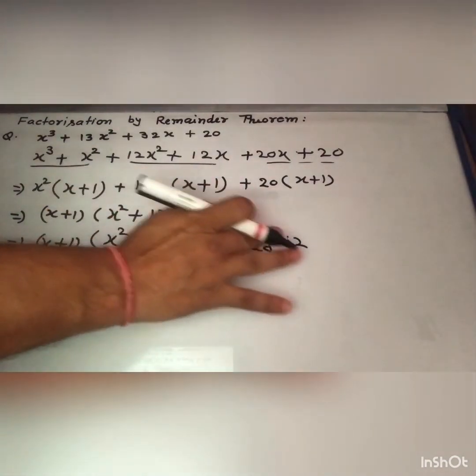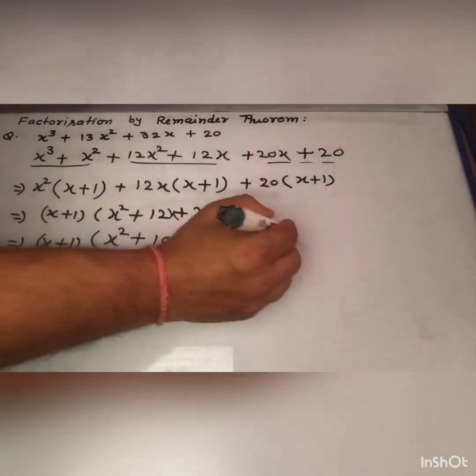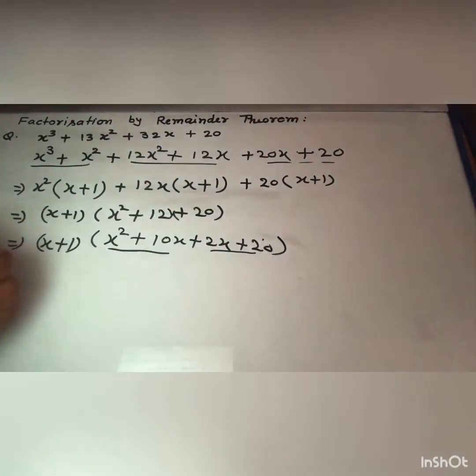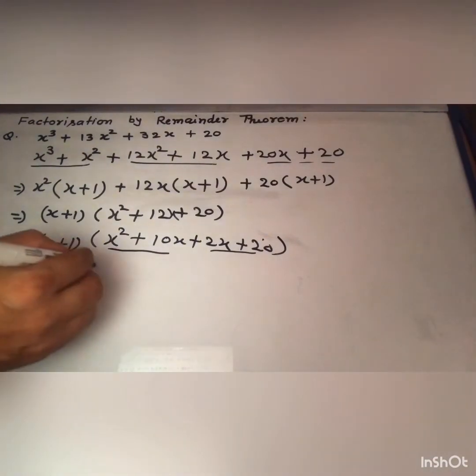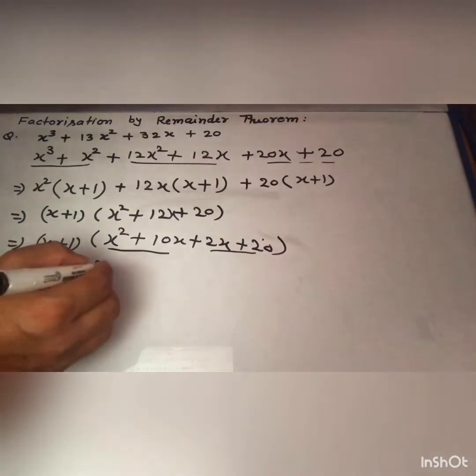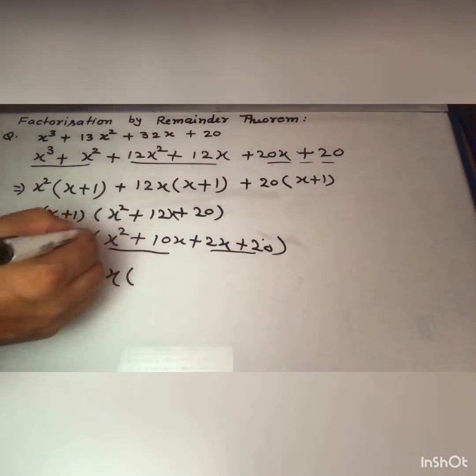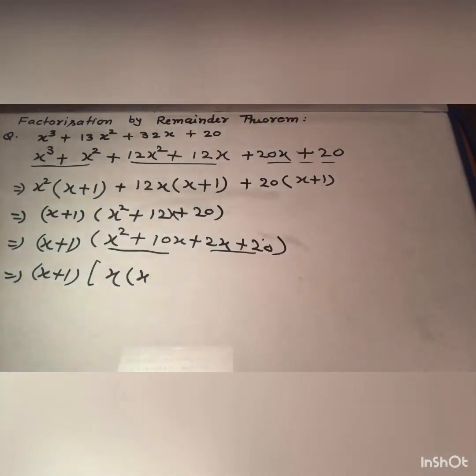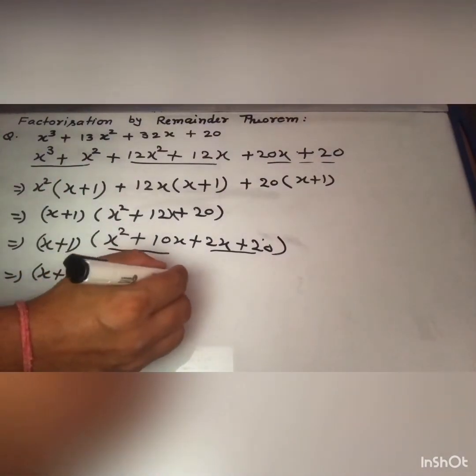Okay. After that you can make pairs once again inside this bracket. So you will get x plus 1 same to same, and in the first pair what is common? x only. So in the first term what is remaining? x, and in the second term is 10.